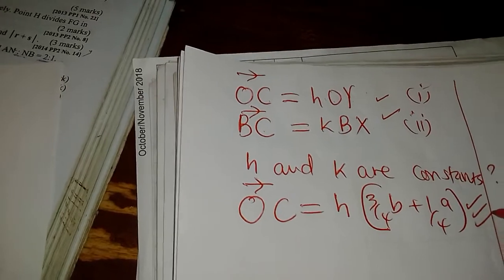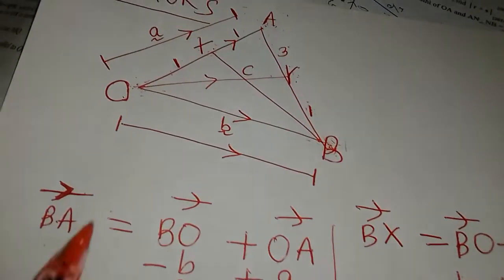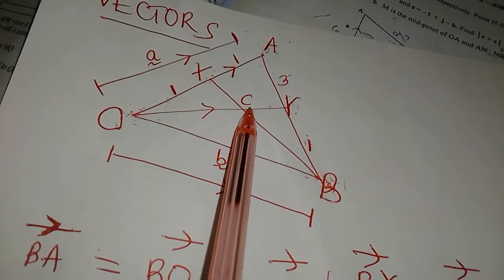Because I've told you in most cases you have to consider writing OC in two different ways, you have to ask yourself, what could be the second OC? Writing the second OC depends on the second statement given, because you have written the first OC using the first statement.